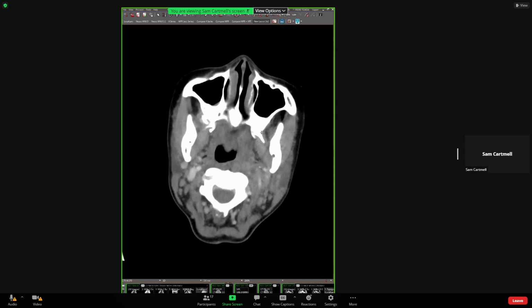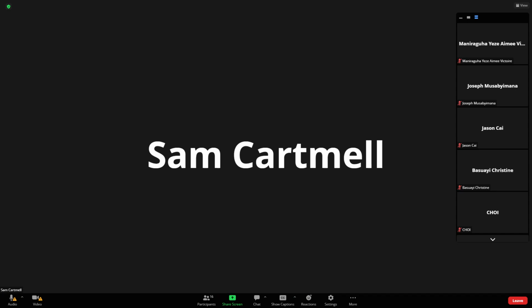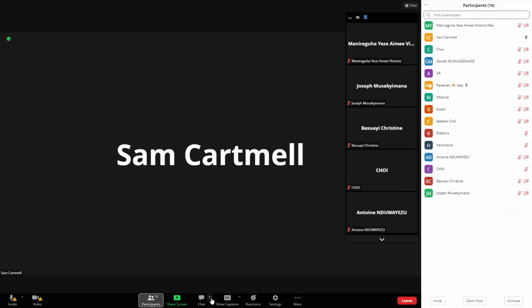So hopefully you learned a little bit about the anatomy, some of the infections that you can see in the head and neck. Like I said, the most common source is going to be odontogenic, but then something I didn't really touch on, it's also quite common to be a peritonsillar process. Those can lead to sinusitis, and the sinusitis itself can lead to intracranial extension.